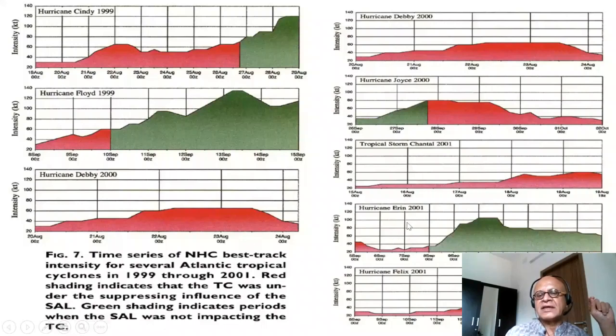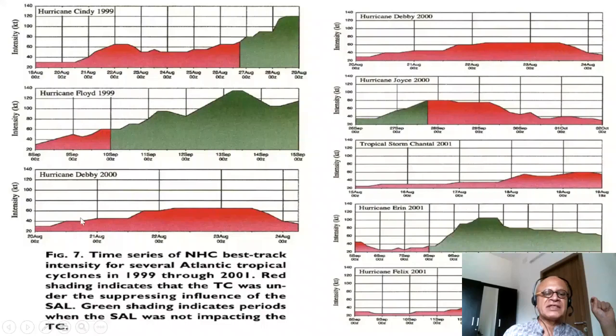We just looked at Erin. So either that means they survived the suppressing influence of the SAL and ended up coming out and intensifying in terms of the wind speed here. Okay, you can relate this to the Saffir-Simpson scale on your own. And some of them had a shorter influence of SAL.